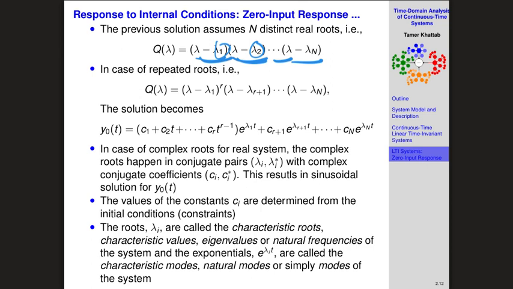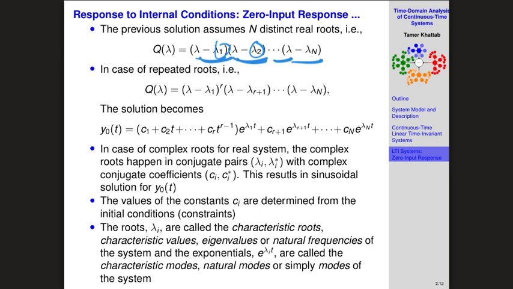If that's the case, then those roots that are complex will always appear in conjugates. You will have a root lambda and its conjugate. So for example, if this is 1 minus i, the other one is going to be 1 plus i. Or if this is 1 minus 3i, this is going to be 1 plus 3i, right?